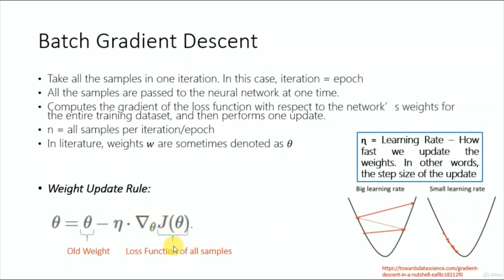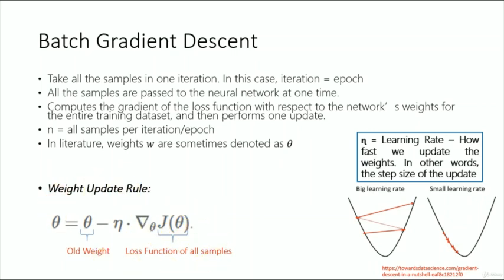Once you finish passing all of the samples in the dataset to your neural network, you calculate this loss function, then you backpropagate, and finally you update your weights.